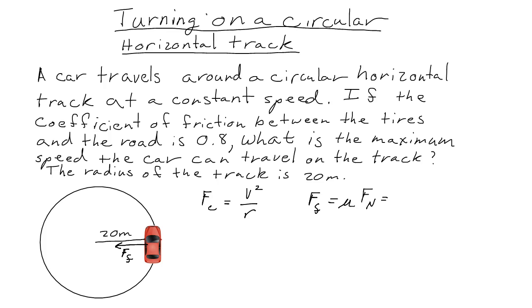And in this case, because we're just sitting flat on a horizontal track, our normal force is equal to our weight. So mu times mg.